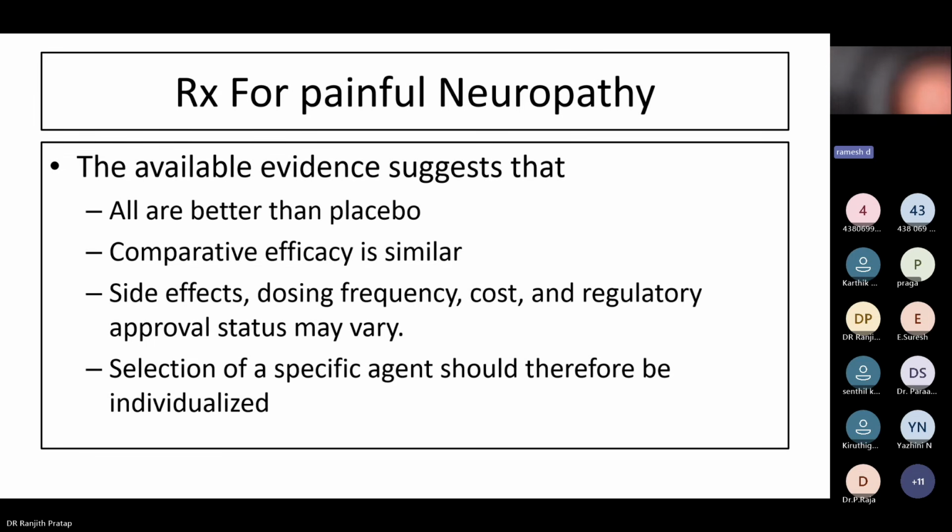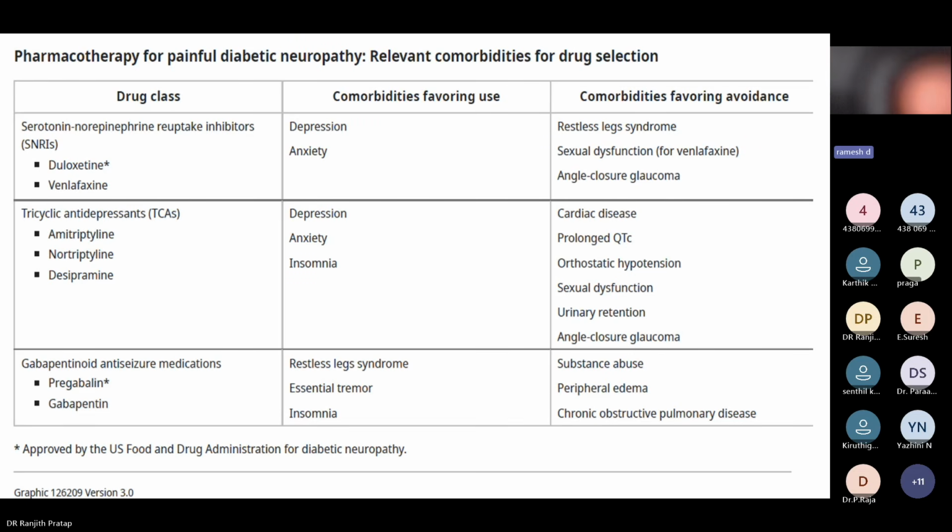The choice of drug is based upon side effects, dosing frequency, cost, and regulatory approval status. So we have to choose the agent based upon these parameters. It should be individualized. These are the first line drugs for the management of painful diabetic neuropathy.